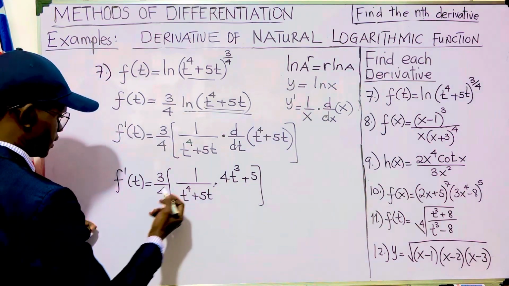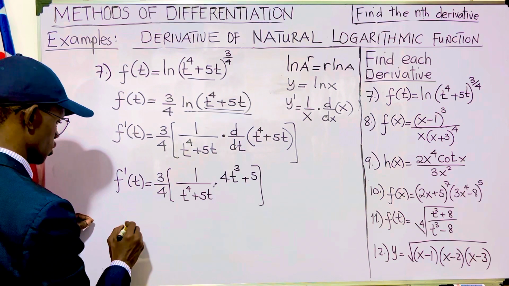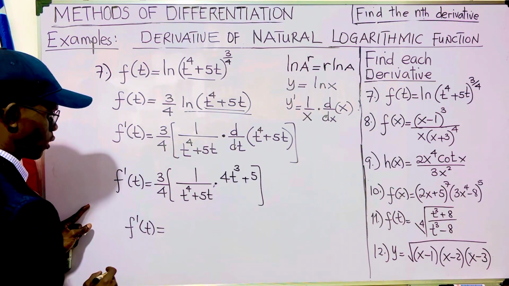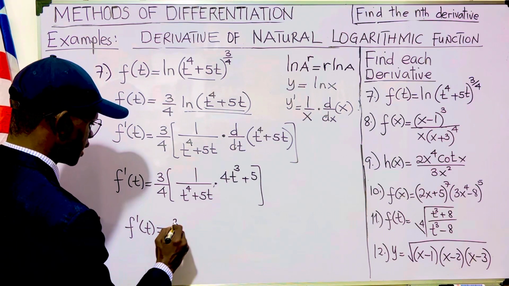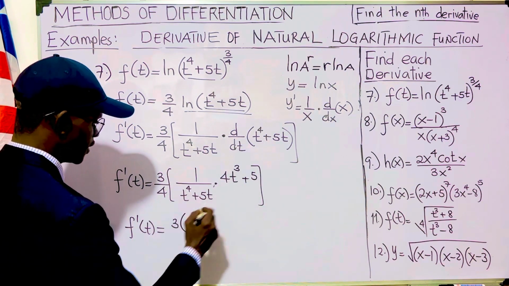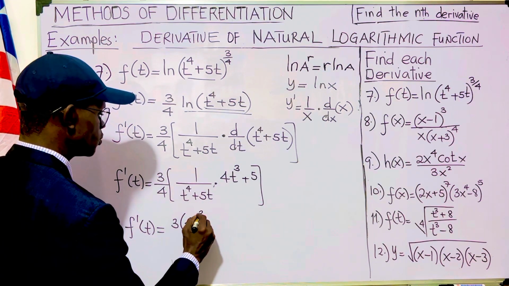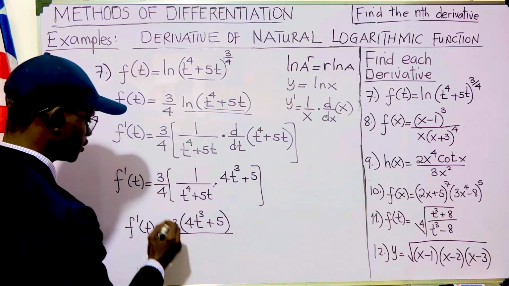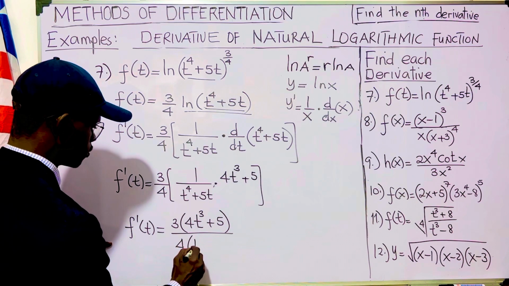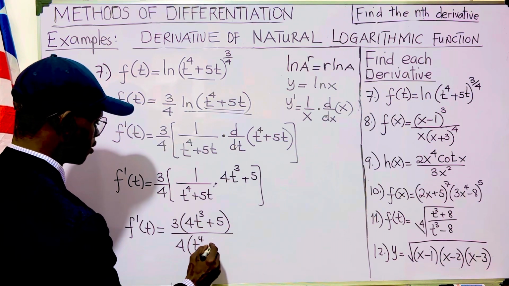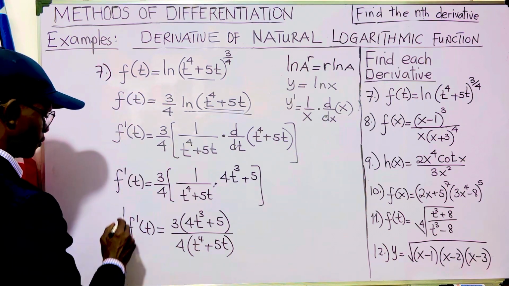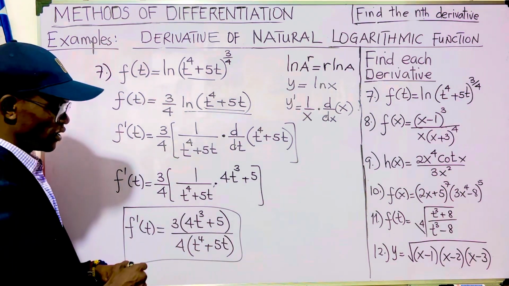Now we can just simplify. So f prime of t is equal to 3 times the numerator, 4t cubed plus 5, all over the denominator, 4 times t to the 4th power plus 5t. So this is our final answer.